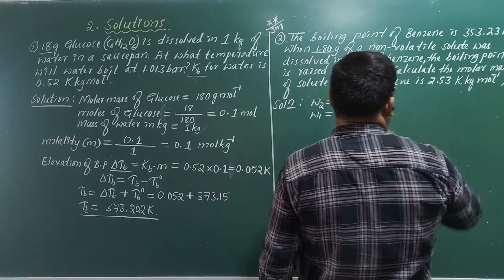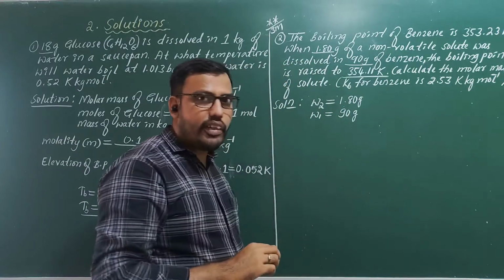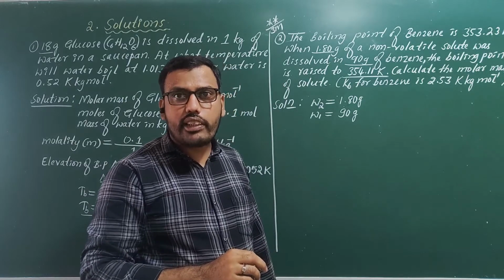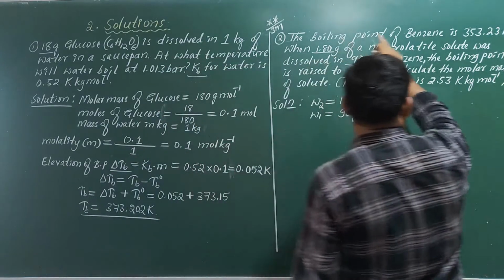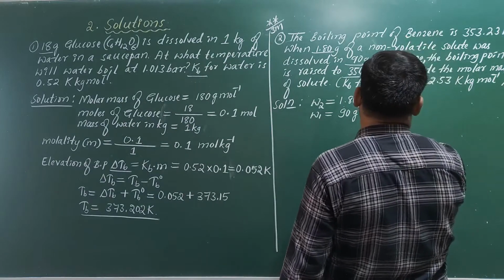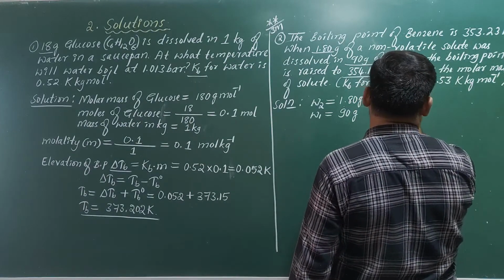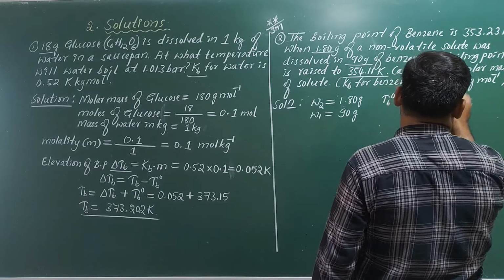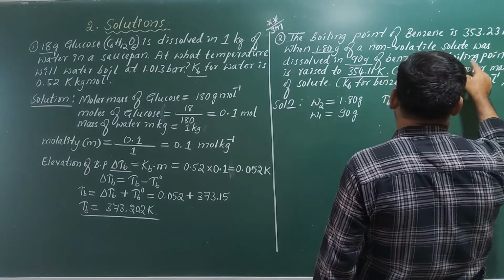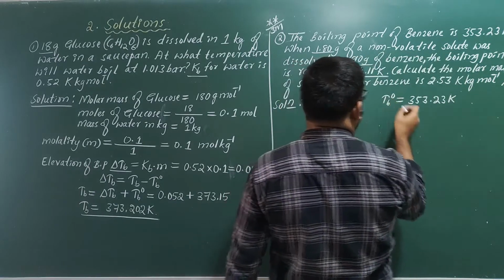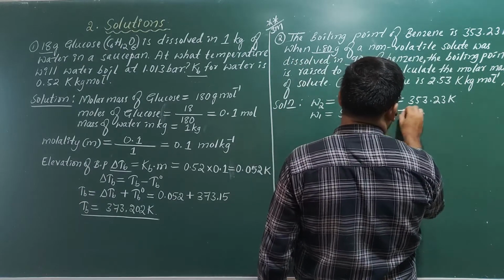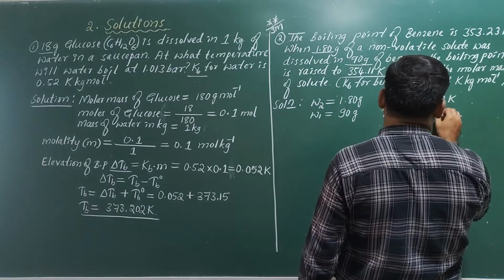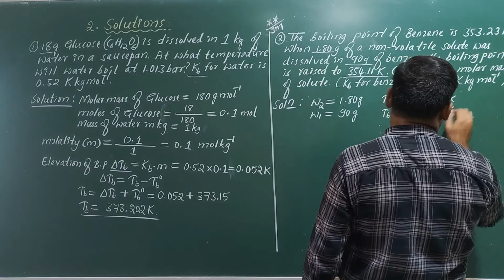Okay. So now, for calculation of the M2 value, the molar mass of solute, we need delta TB. The boiling point of benzene, the pure solvent, TB naught, is given: 353.23 Kelvin. The boiling point of the solution is raised to, so this is the solution, that is TB, 354.11 Kelvin.